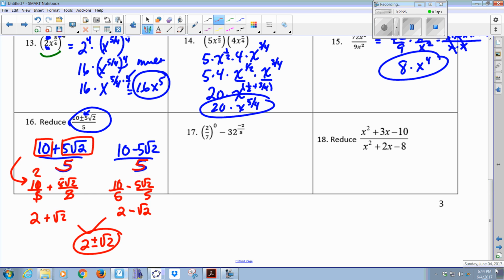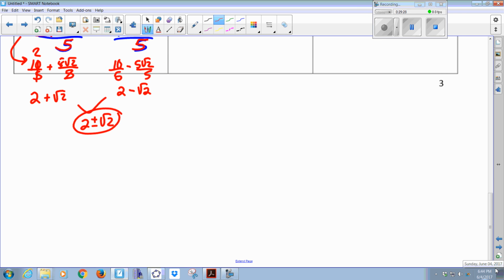Another way to do this problem is to actually factor the top by pulling out your common factor of 5. What's left would be 2 plus or minus the square root of 2, and then your denominator is 5.